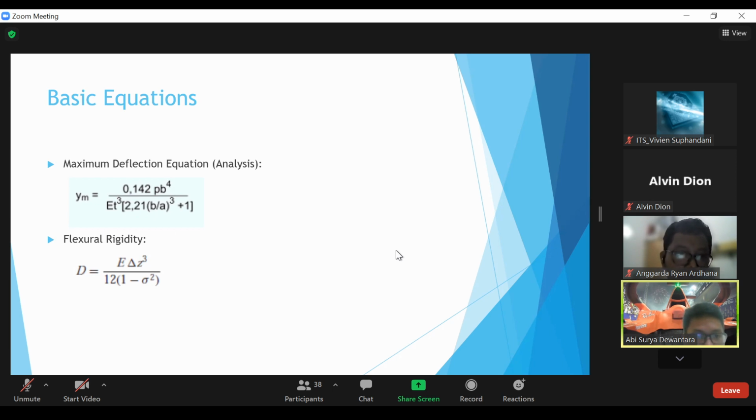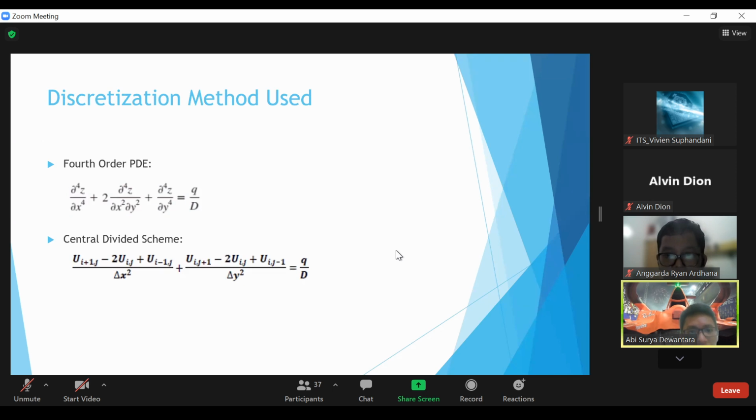T in this equation is equal to delta z to the power of 3 times 2.21 times b per a, the width and length of the plate. Since we are using a square plate, this is equal to 1 plus 1. And then next slide.